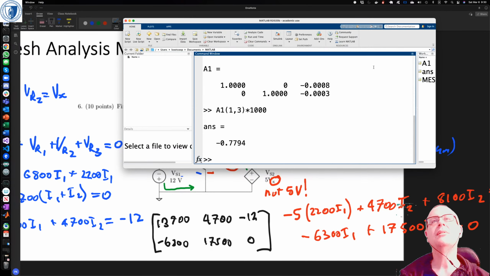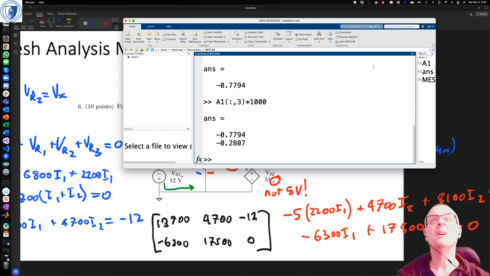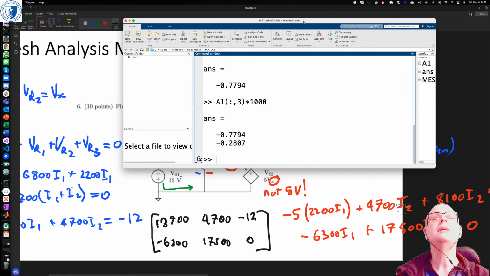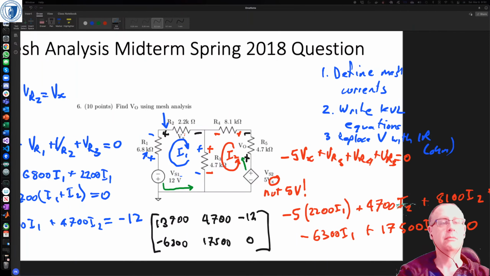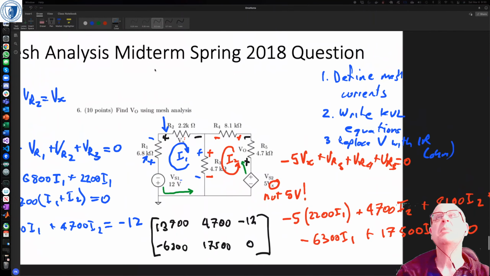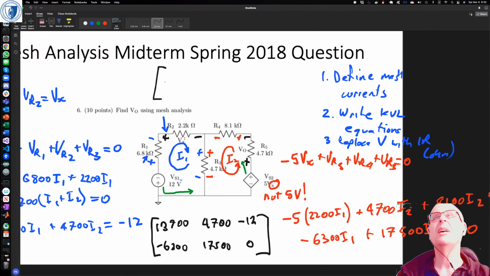Right, so it's minus 7 point. Let's do it that way. There we go. So that means our answer comes out as I1 I2 equals minus 0.7794.